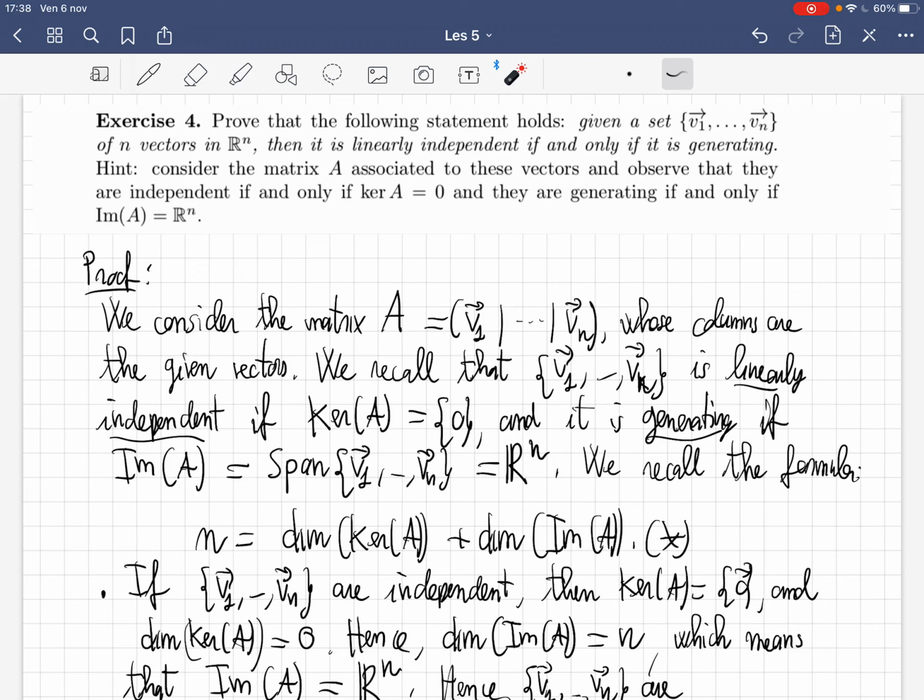This is more of a theoretical exercise, but in general you'll be allowed to accept this result and use it in the applications.